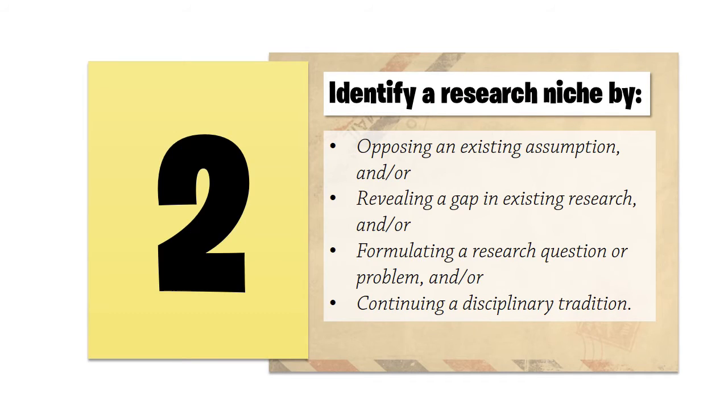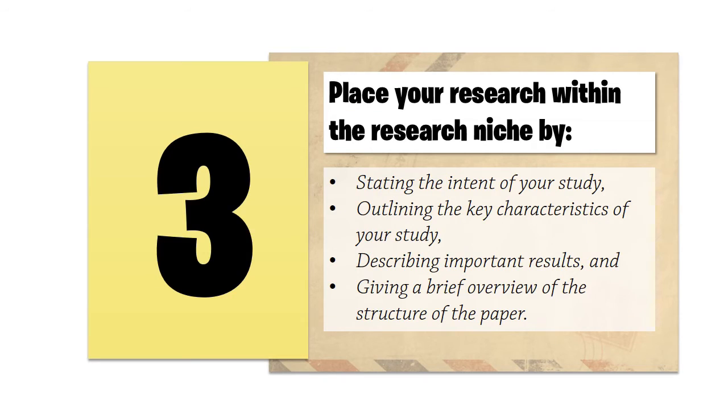Identify a research niche by opposing an existing assumption, revealing a gap in existing research, formulating a research question or problem, or continuing a disciplinary tradition. Number 3. Place your research within the research niche by stating the intent of your study, outlining the key characteristics of your study, describing important results, and giving a brief overview of the structure of the paper.